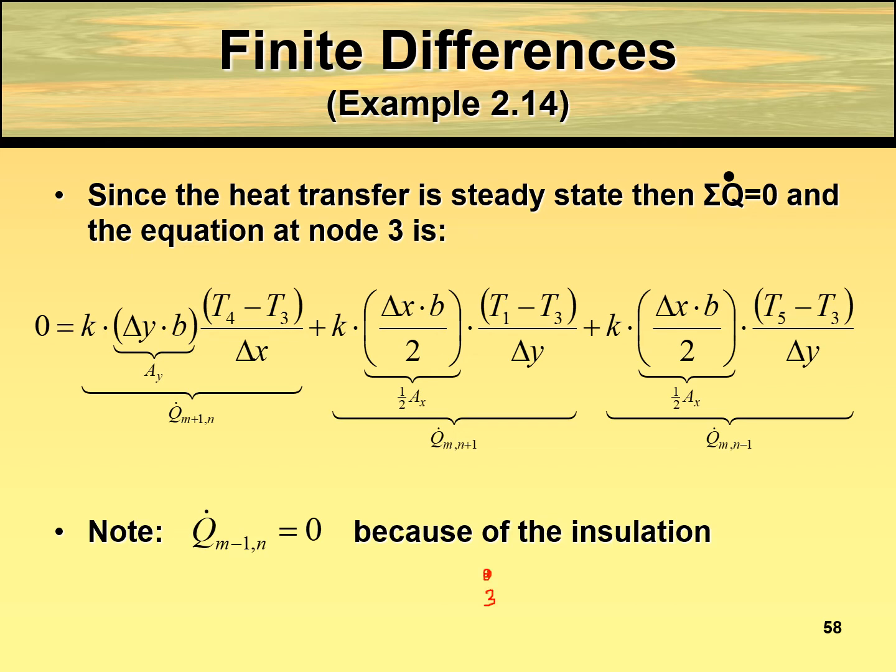This is our node, and then here you had node 4, and here you had node number 5, and somewhere up here was node number 1, right? So you had this, and this is the half node. So we have only half a node.